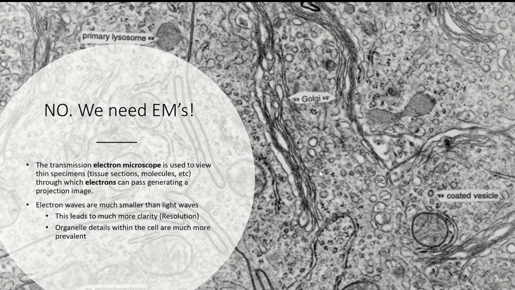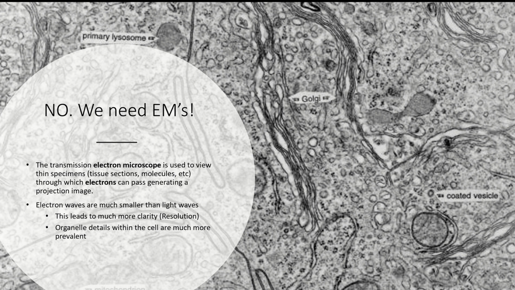So electrons will actually give us a higher resolution because they can differentiate between much smaller points, if that makes sense, okay? So this is electron microscopy, which is more used for cellular detail, for zooming in.